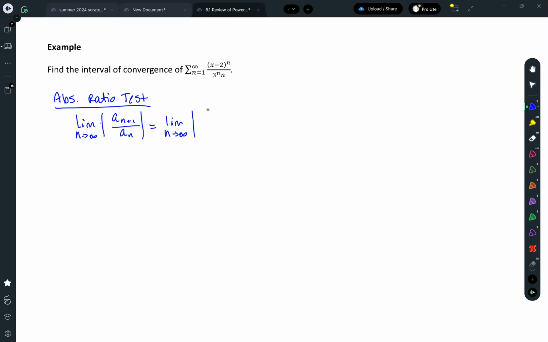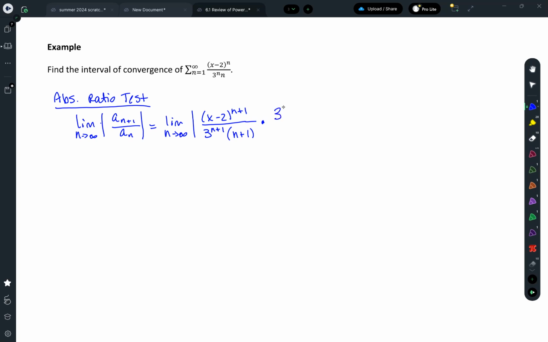Okay, so a sub n plus 1 would be x minus 2 to the n plus 1 all over 3 to the n plus 1 times n plus 1. That's all a sub n plus 1 times, if I divide by a sub n, that's the same as multiplying by 1 over a sub n. So I would just reciprocate it.